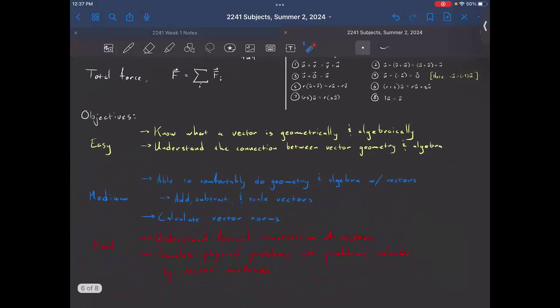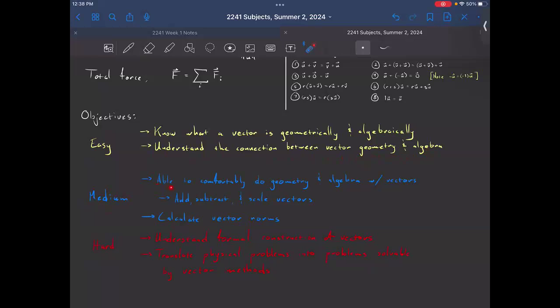And we'll go over our objectives here very quickly. So we have easy, medium, and hard again. Easy, I want you to know what a vector is geometrically and algebraically. I want you to understand the connection between vector geometry and algebra. So we're going to talk about how to look at vectors as arrows in space, and then how to add them as lists of coordinates.